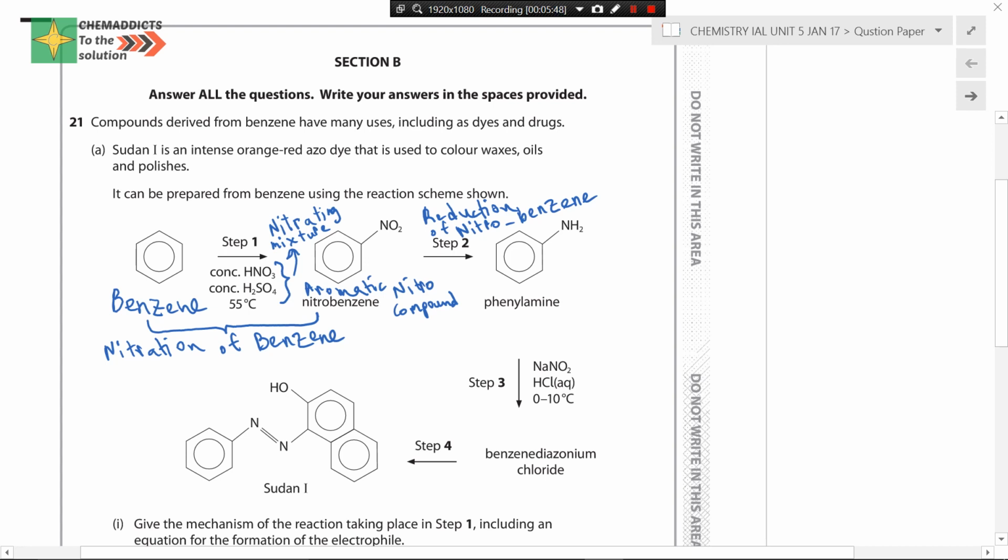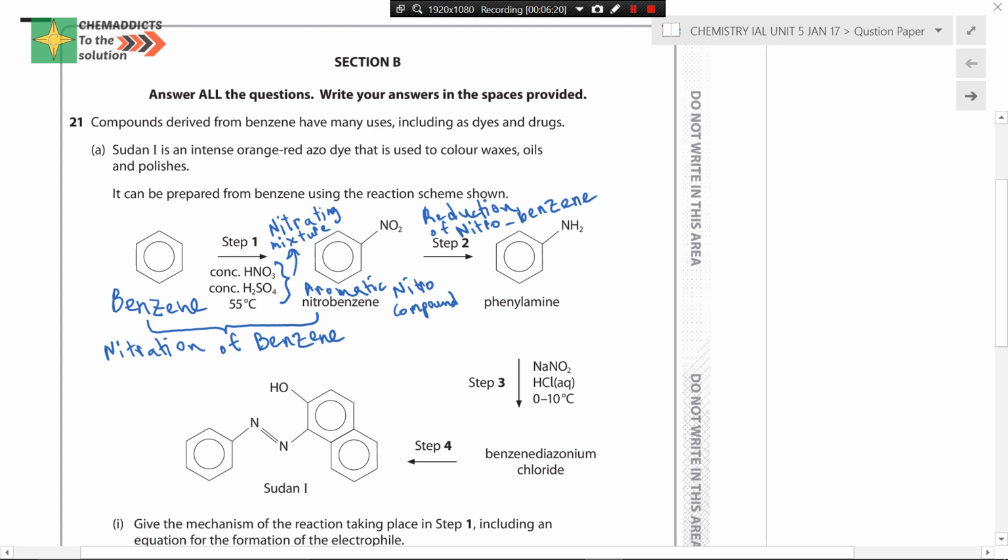So in step 2, since we are converting nitrobenzene to phenylamine, the only possible reaction for this conversion is reduction of nitrobenzene. If we carry out reduction of nitrobenzene, then we can form phenylamine from nitrobenzene.